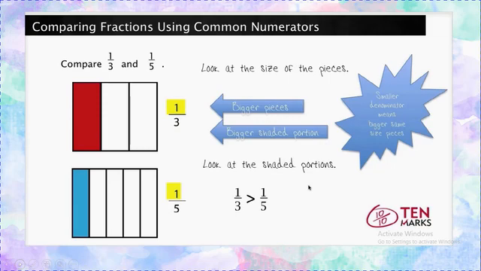In 1/3, you can see that it has bigger pieces and a bigger shaded portion, right? While in 1/5, look at the one shaded part. It is smaller than the other one. So smaller denominator means bigger pieces of the same size whole. So if we compare 1/3 and 1/5, we can say that 1/3 is greater than 1/5.